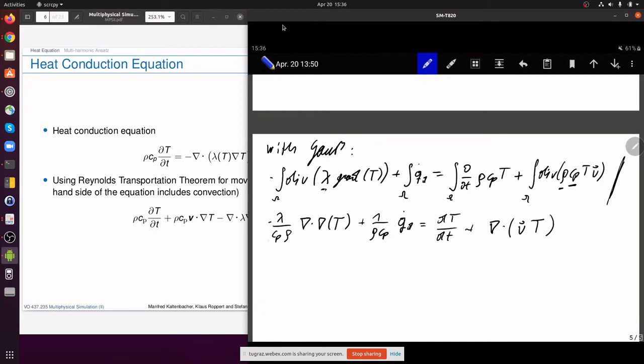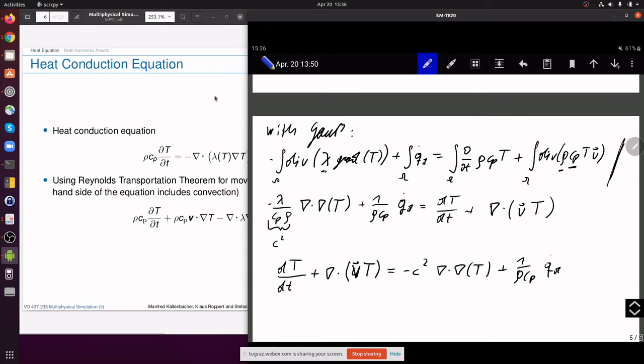We can then identify this term here as our c squared, the diffusion coefficient, and end up with the convection diffusion equation in its final strong form: the time derivative of T plus the divergence of velocity T is minus c squared Laplace, so divergence gradient T, plus 1 over rho Cp q dissipative.